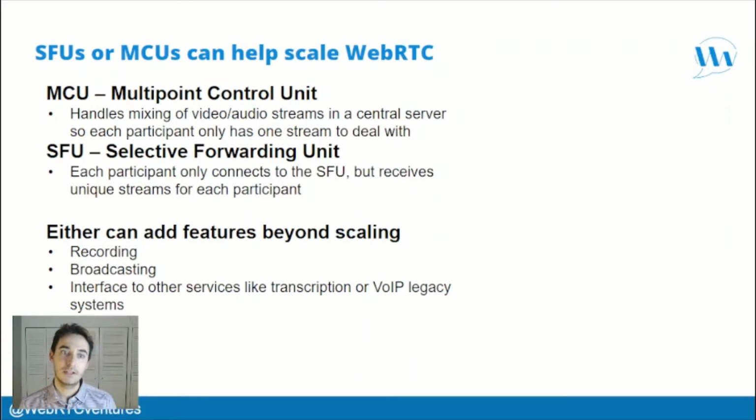On the contrary, with the SFU, or selective forwarding unit, each participant only connects to the SFU, but receives unique streams for each participant. Both of these approaches also allow us to record, broadcast, or even interface with other services like transcription or VoIP legacy systems.